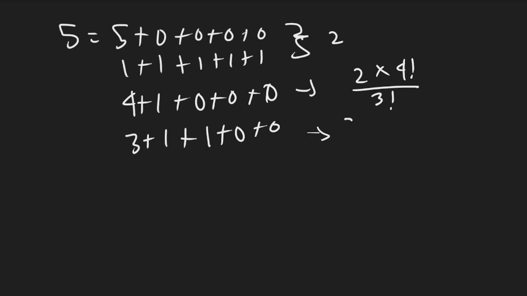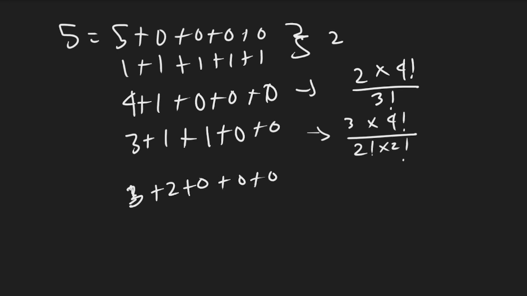This one we have three choices, times 4 factorial over 2 factorial times 2 factorial, because we have two pairs of repeated digits. And then we also have 3 plus 2 plus 0 plus 0 plus 0, same as the 4 plus 1: 2 times 4 factorial over 3 factorial. 2 for the first choice, 4 for the remaining slots, and 3 factorial for the repetitions.